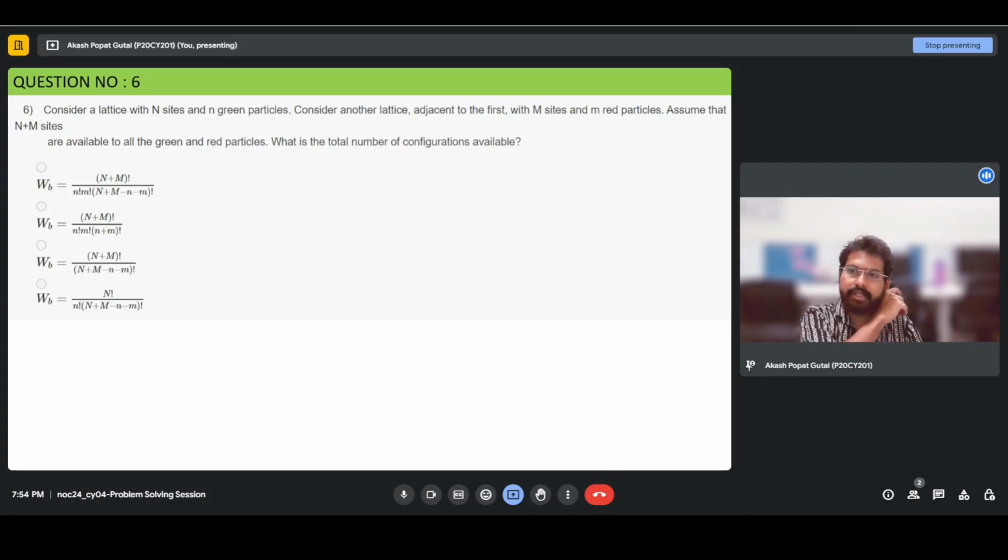Remember, these lattice sites are also indistinguishable. And the n green particles are themselves indistinguishable, and the m red particles also themselves will be indistinguishable.